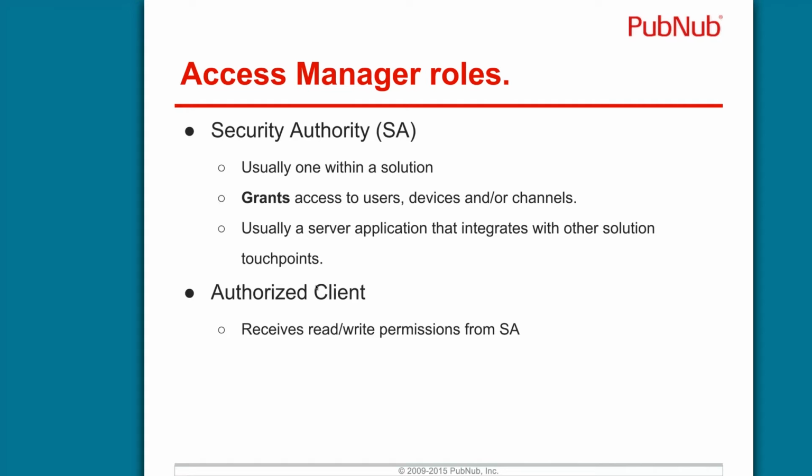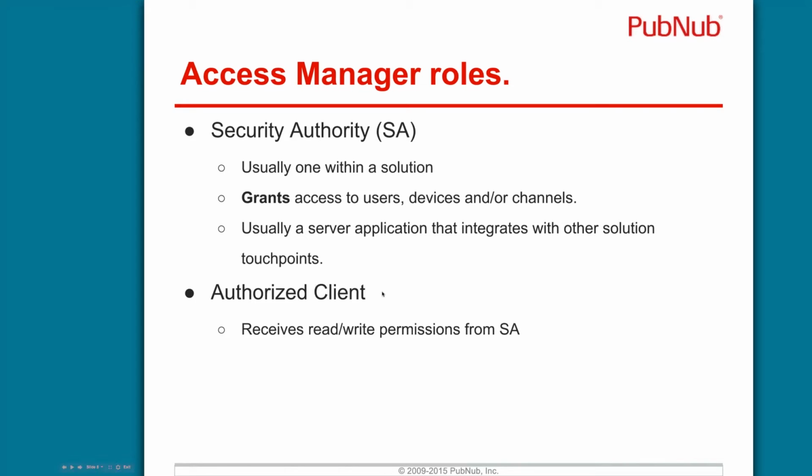Usually one within a solution, doesn't have to be, it could be several, depending on what your use case is. And it's usually a server-side application, as the one that I've done here is a Node-based Mongo application that's hosted on Heroku and does the grants for rooms based on a user's service level.